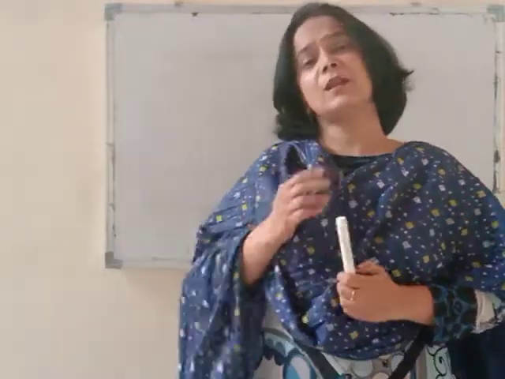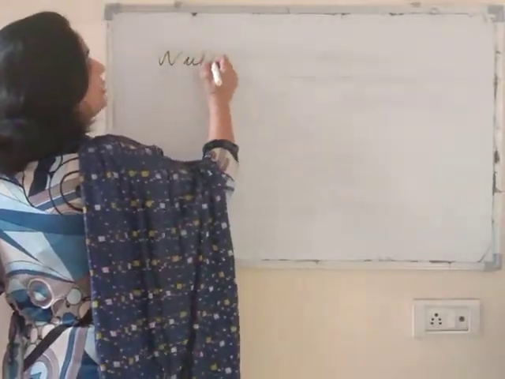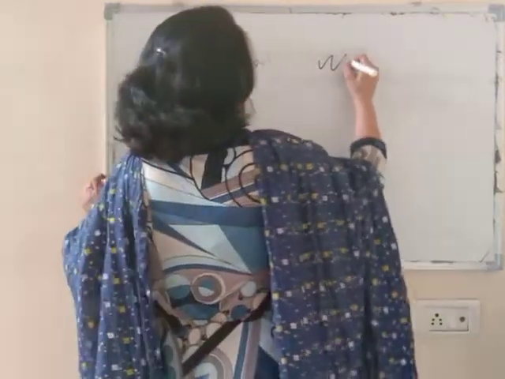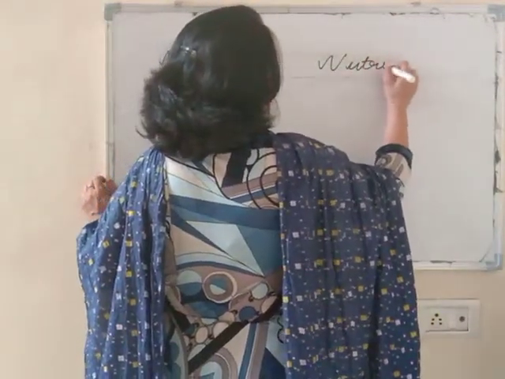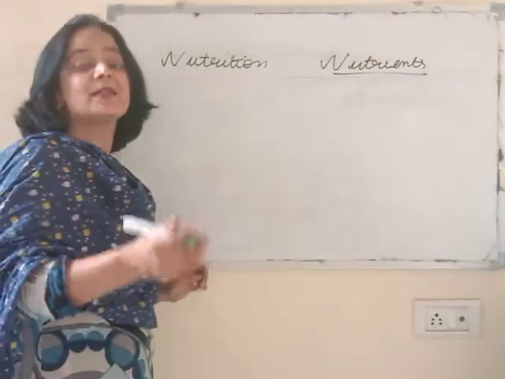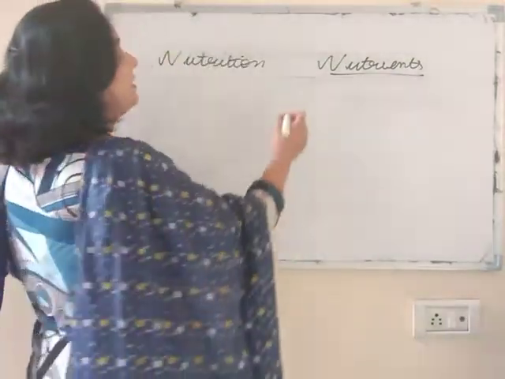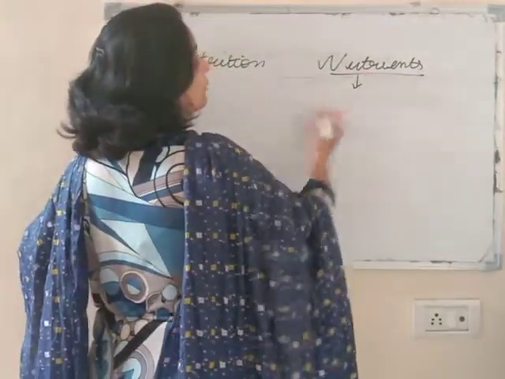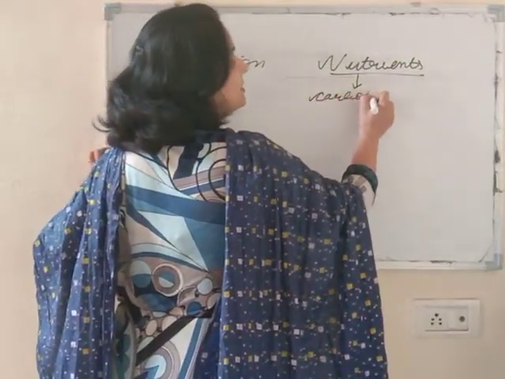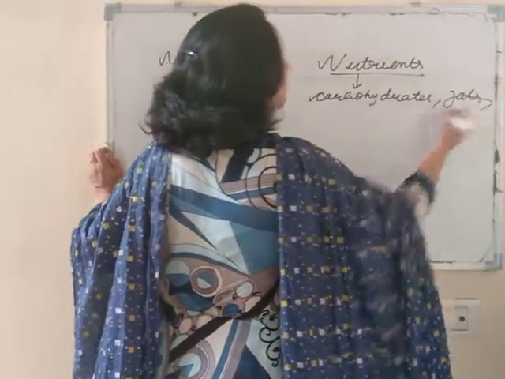Now, there are two words involved in this: nutrition and nutrients. These are two different things. We should be clear about this. Nutrients are those substances which provide you a balanced nutrition, and these nutrients we procure from food, that is carbohydrates, proteins, fats, etc. These are major nutrients.